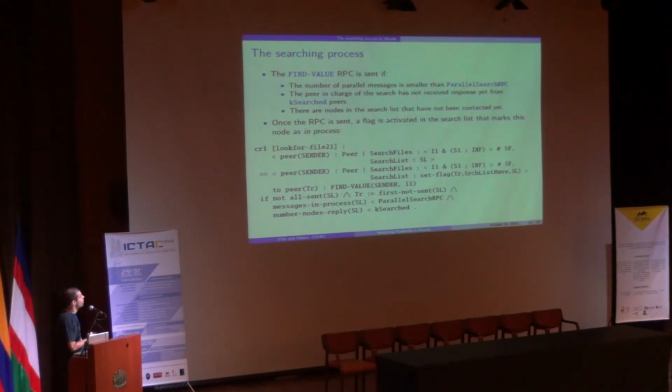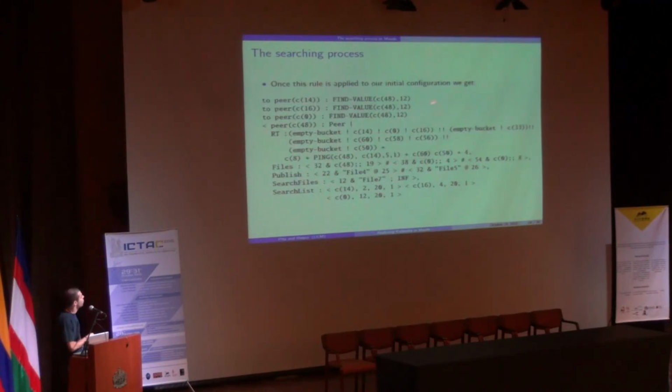We have more constants, since the protocol is parameterized by a lot of constants and tables: the number of parallel messages that can be sent, and the number of peers we can wait for. Given that the constraints are fulfilled, we can send a message of the form we saw before to this peer, which is the closest one.